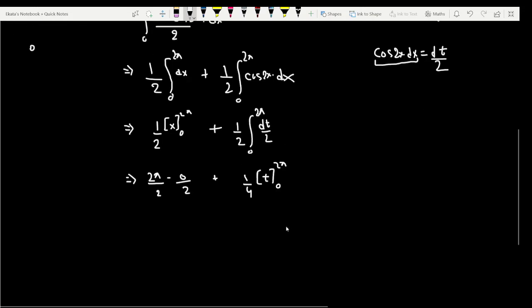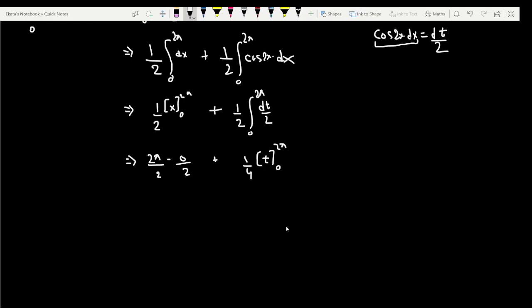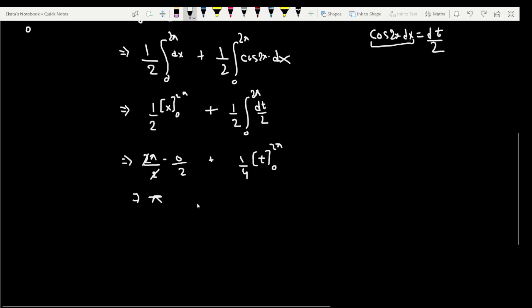Next, cutting out 2 and 2, the first part becomes pi minus 0, and 0 we do not write, plus 1 by 4, and putting the value of t as sine 2x, because we substituted t as sine 2x, sine 2x from 0 to 2 pi.